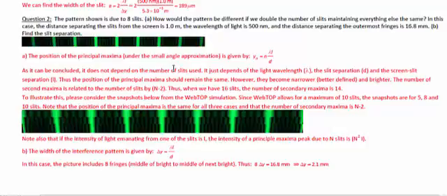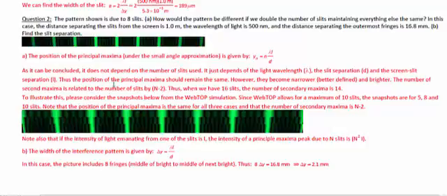Now, the good thing is, for multiple slits, the number of slits does not affect the position of principal maxima. That's whether there are 2 slits, 3 slits, 4 slits, 5 slits, 100 slits.